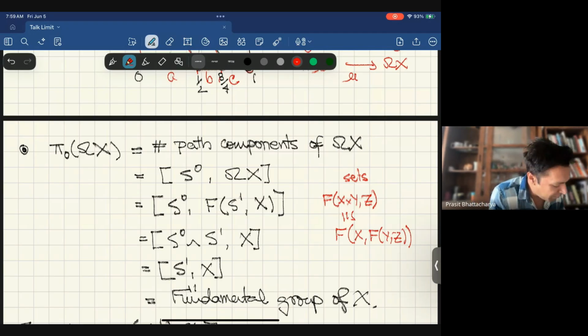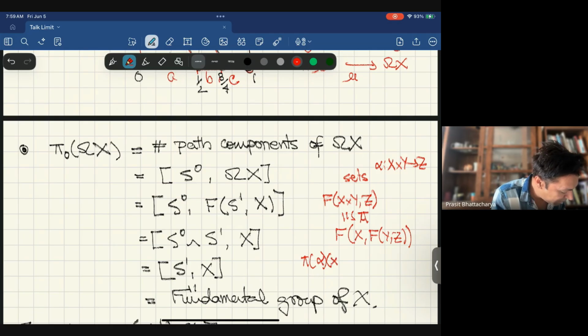So basically, if I have a map alpha from X cross Y to Z, then I have to give you a map here. Let me call this bijection pi. So pi alpha should be a map from X to the function space.